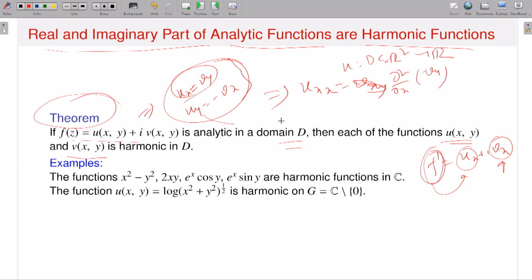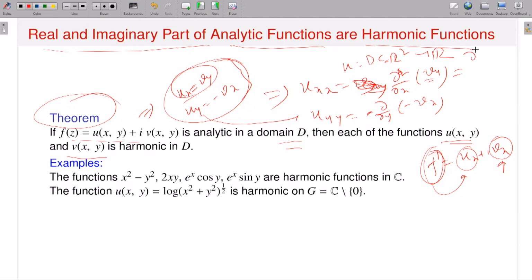And what about uyy? That should be del over del y of minus vx. I am taking the partial derivative with respect to x variable of vy.